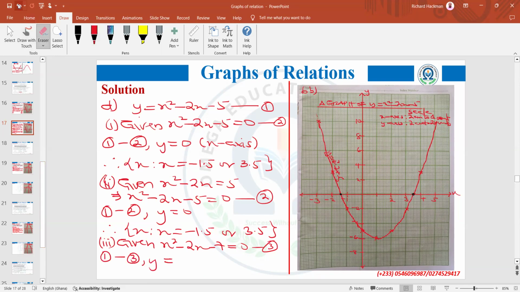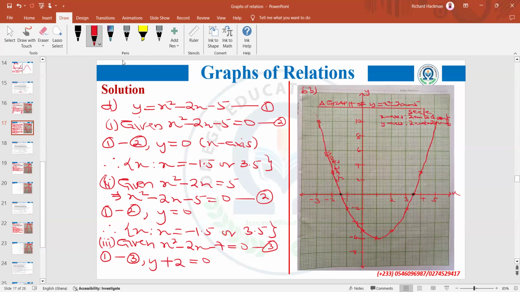Is my point well made? So we are going to get y plus 2 is equal to 0. Do you agree? No?